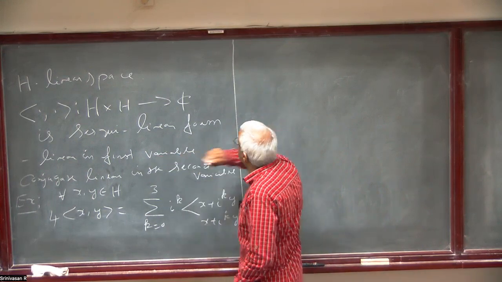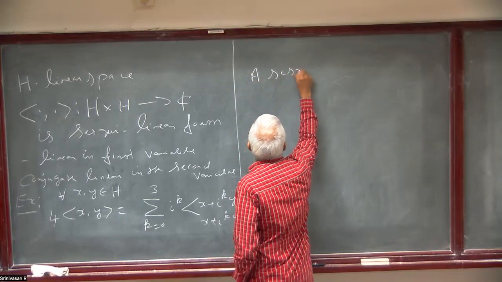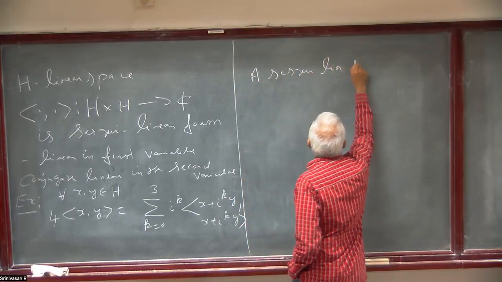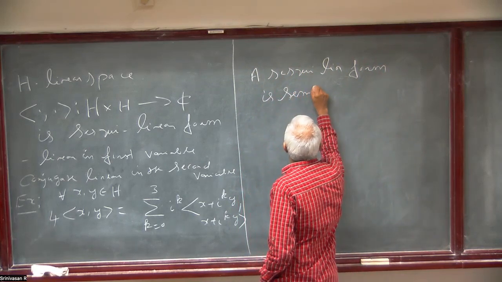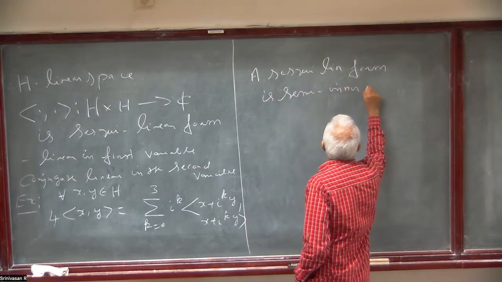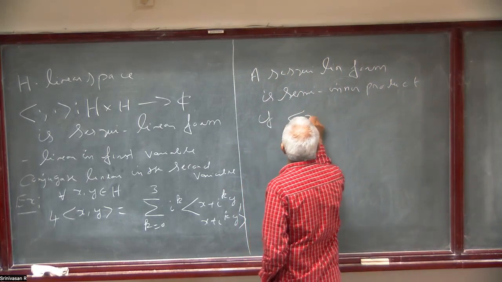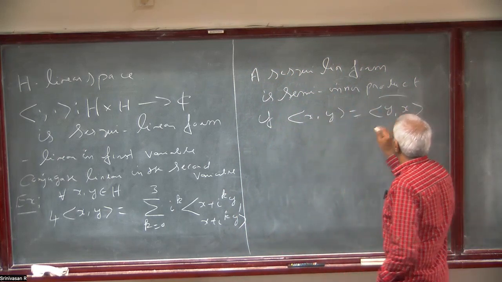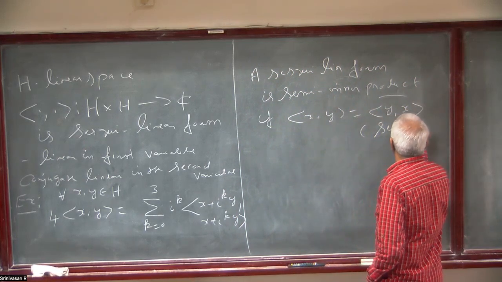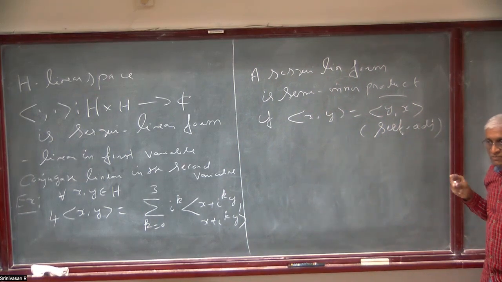A positive sesquilinear form is a semi-inner product. We will use this sometimes. It may not be an inner product, it will be a semi-inner product. Why is it called positive?